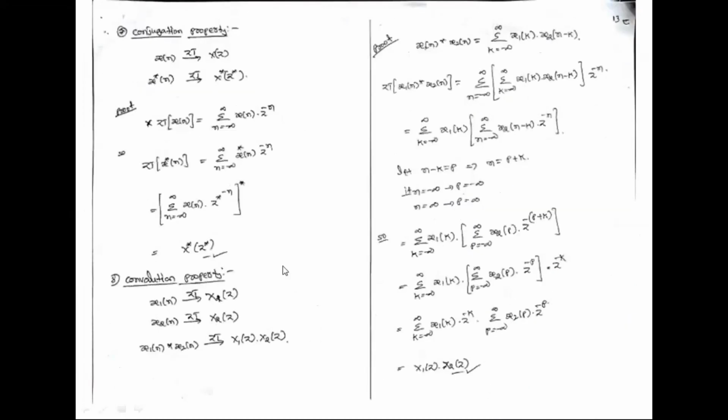See, convolution property. After the conjugation property, there is another property, the convolution property. So x1 of n has transformation x1 of z, x2 of n has transformation x2 of z, and the convolution of x1 of n and x2 of n has a transformation that is a product: time is convolution, frequency is multiplication.